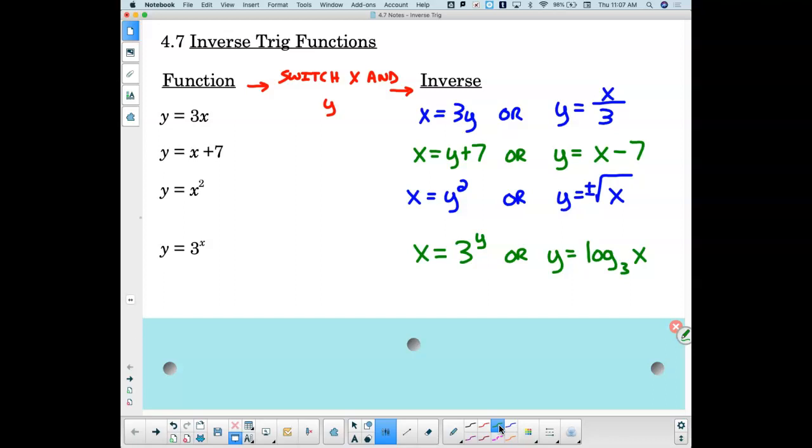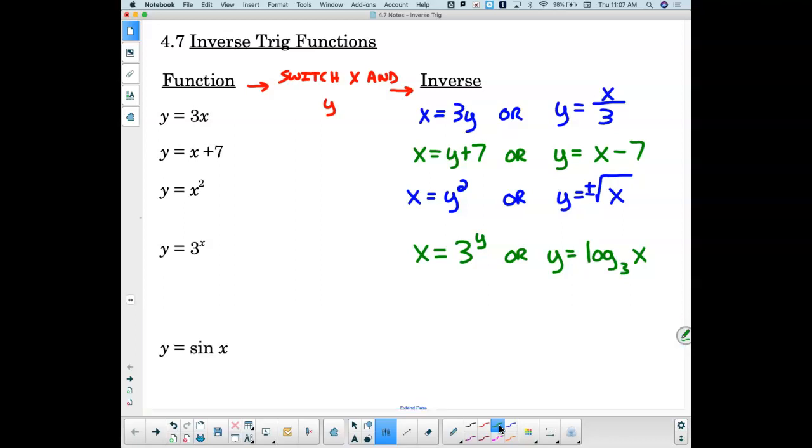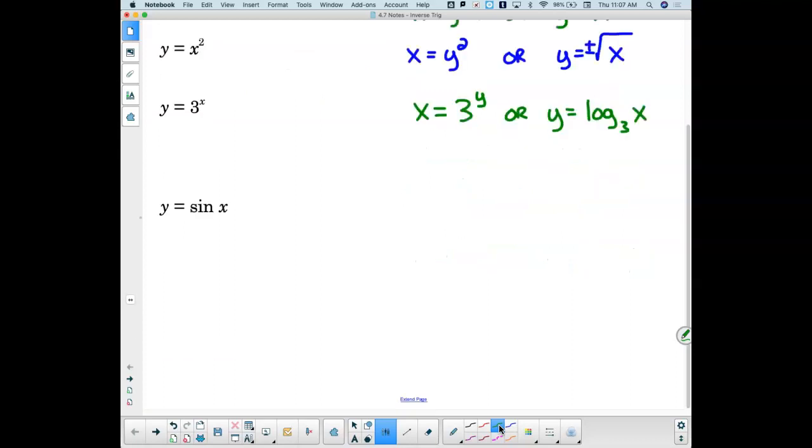Now that's all good and good for functions, but we live in the pre-calculus world where we have trig functions.